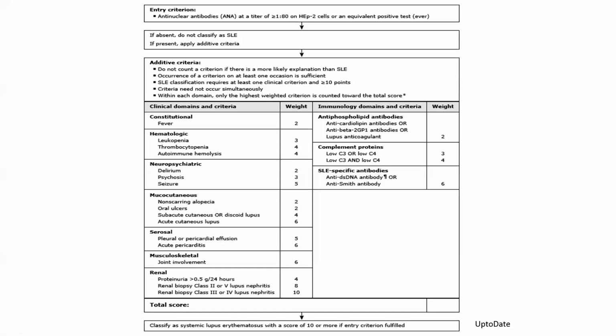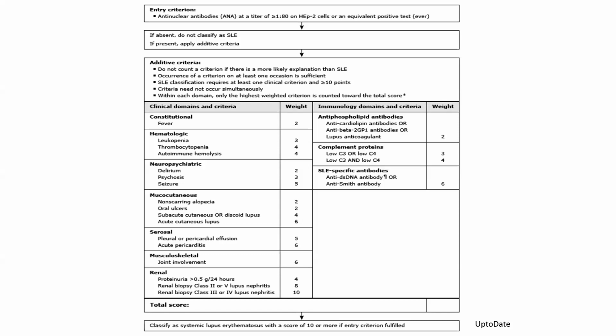If ANA positivity is present, then we can apply additive criteria. However, before that, we have to remember a few points. You do not count a criterion if there is a more likely explanation than SLE. An occurrence of criterion on at least one occasion is sufficient.